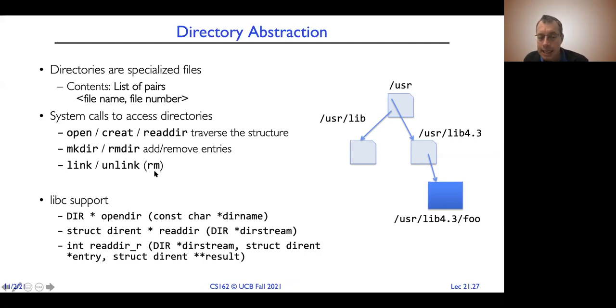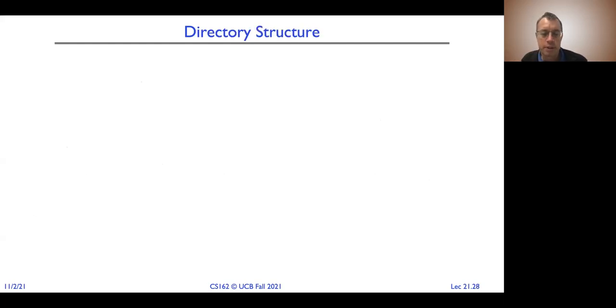Link and unlink allow you to actually break this hierarchy. You can have a name pointing to an existing file. So you have a file with a name, say foo.txt. Now I can have another name called foo1.txt pointing to the same file. We'll learn more about that.